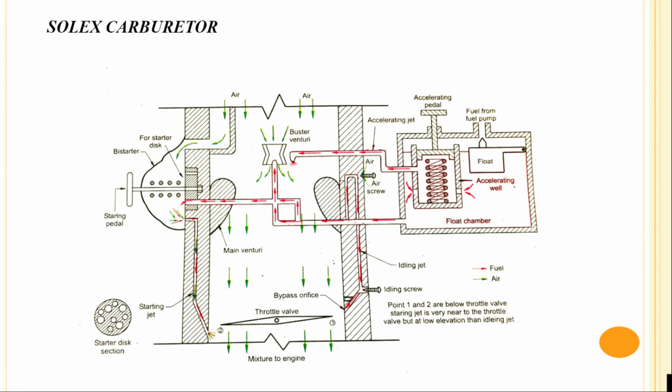The starter air is also supplied over the starting disc. The mixture passage is connected to the downside of the throttle valve. The quantity of fuel supplied through this disc depends upon the hole opening in the starting passage.